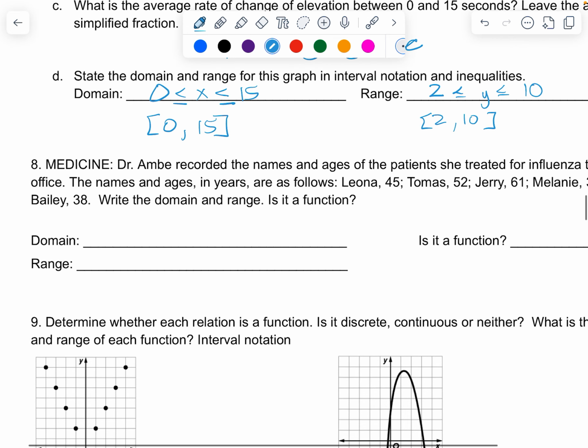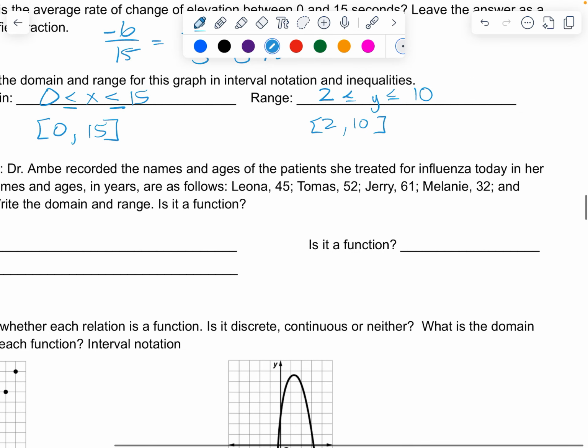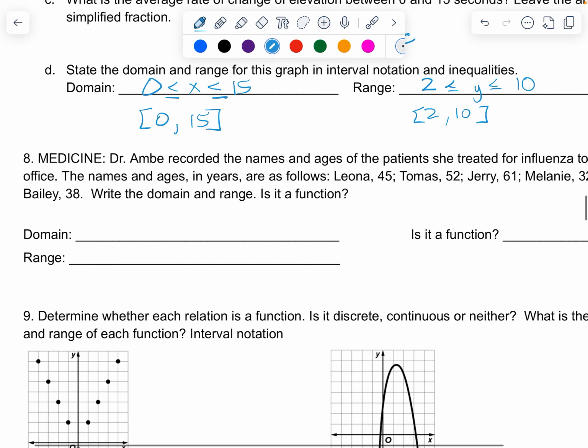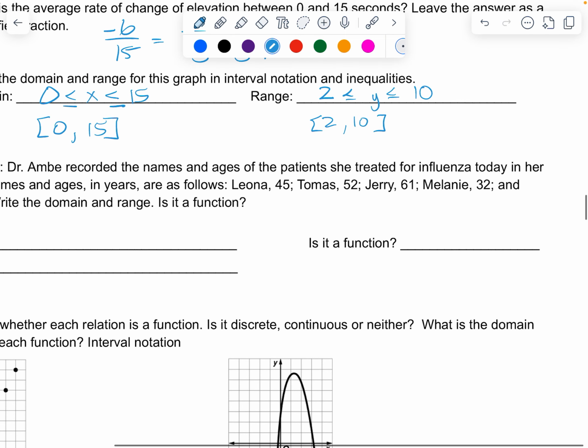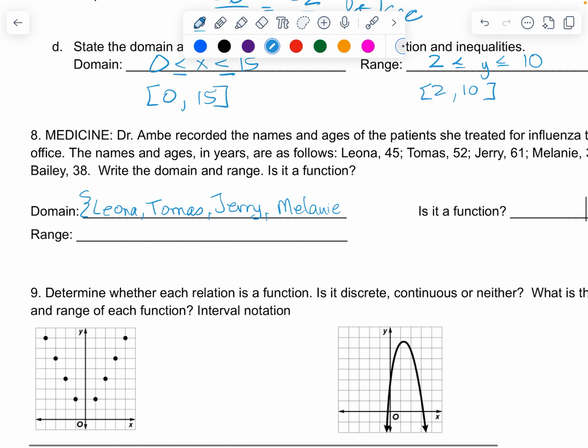Dr. Ambia recorded the names and ages of the patients she treated for influenza today in her office. The names and ages in years are as follows. So what's the domain? Leona, Tomas, Jerry, Melanie, and Bailey.